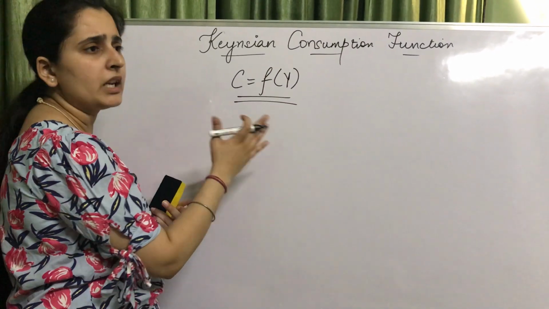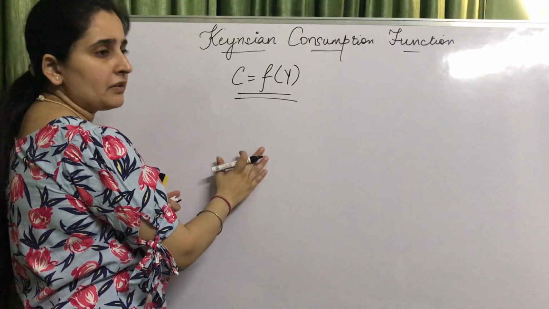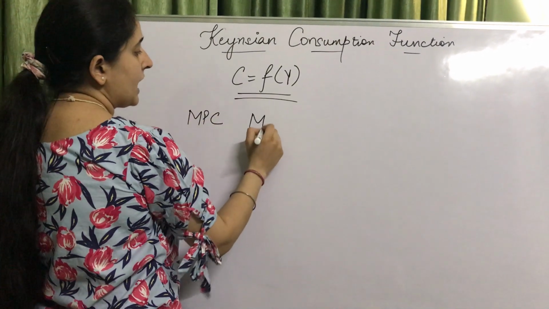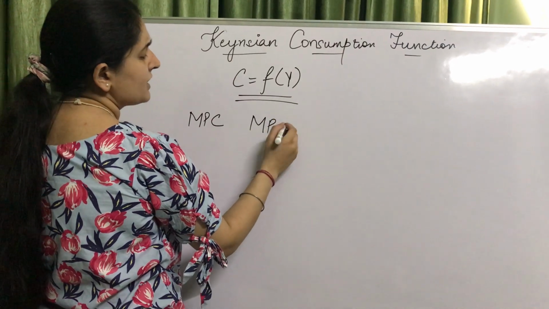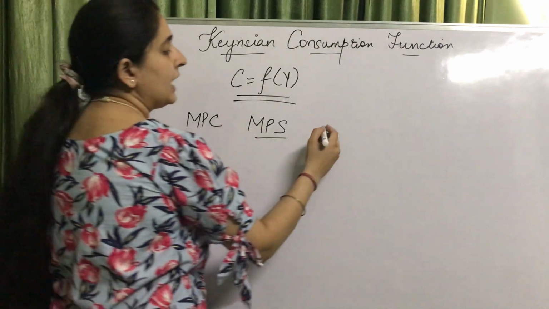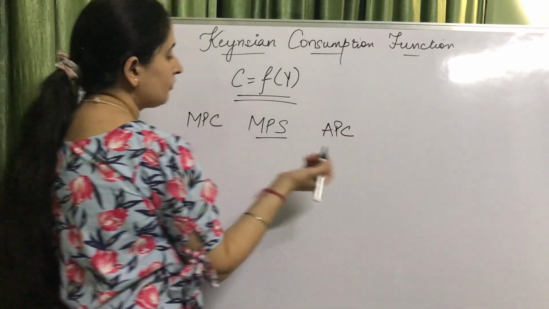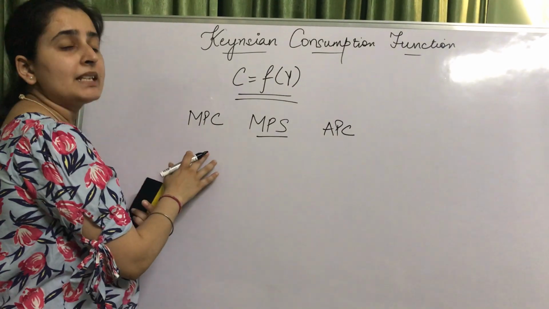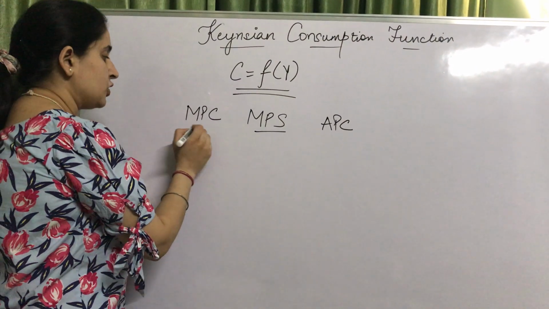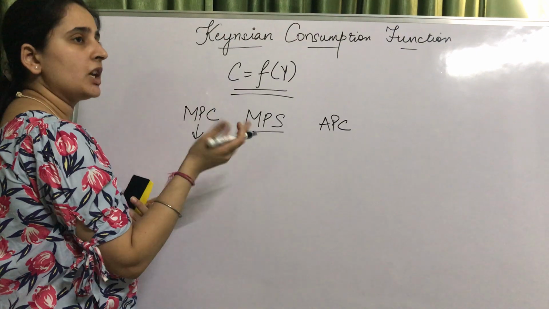So that is consumption function. And consumption has various other terms that we need to study in it. One is MPC, then MPS. MPS is the saving part, but we will not discuss this today. We will focus on MPC, and then we have APC also. What is MPC? MPC is marginal propensity to consume. Marginal means change in economics.